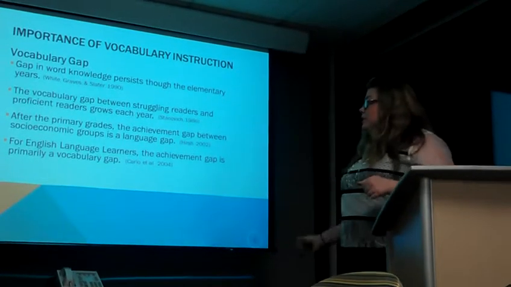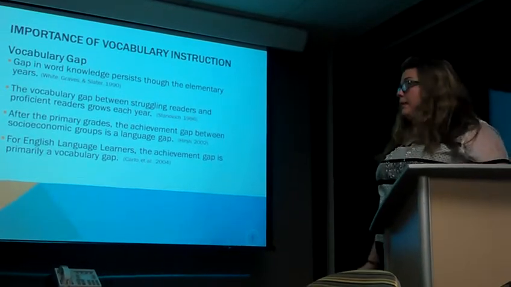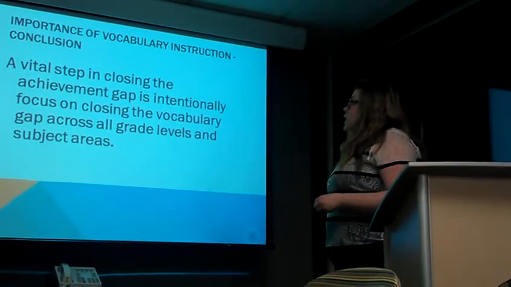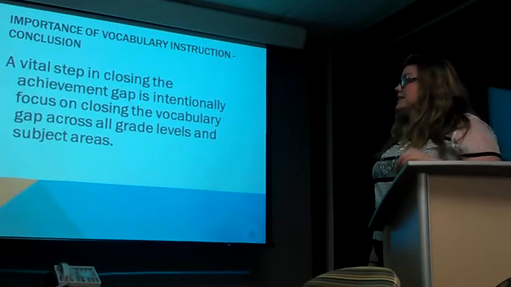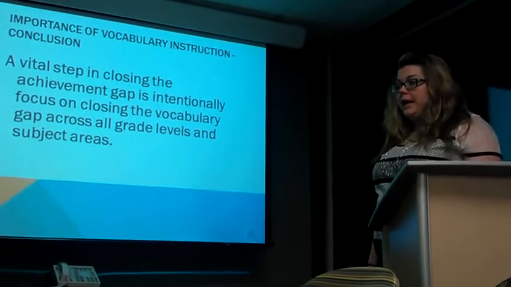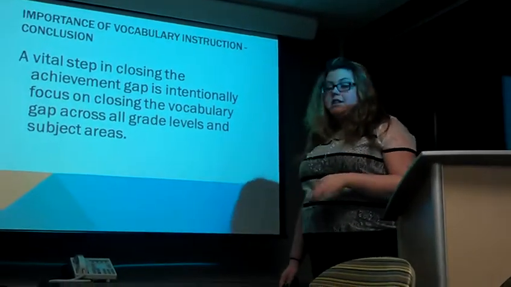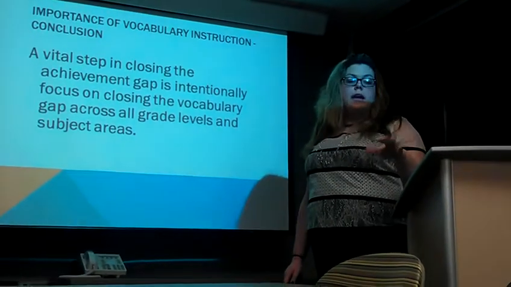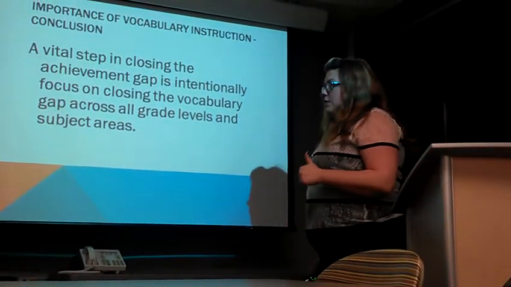And especially for our English language learners, the achievement gap is a vocabulary gap. End of story. So the vital step in closing the achievement gap is intentionally focusing on vocabulary across all grade levels, across all subject areas. This is not just an English teacher's job. This is a job for all of the teachers at our school.